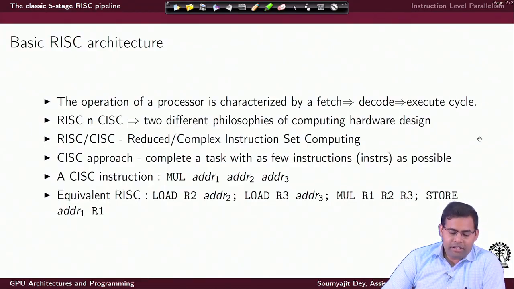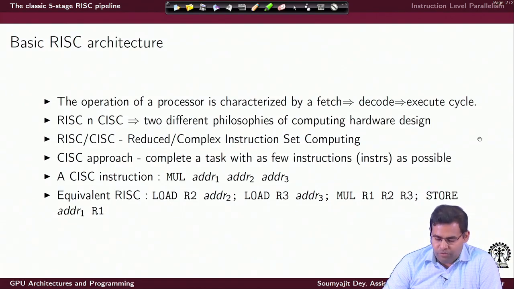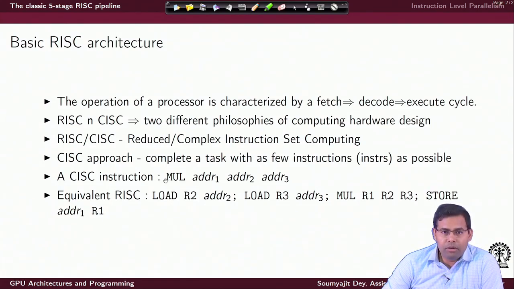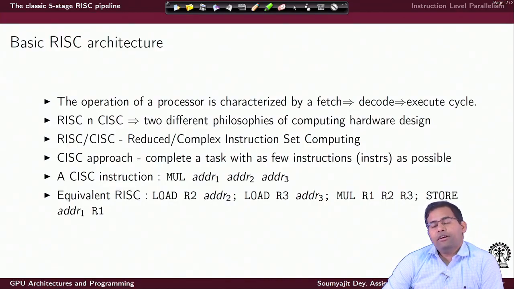For example, let us take a CISC instruction as we have given here, that we have a multiplication operation mul with 3 operands, address 1, address 2 and address 3. Essentially, we mean that while executing this instruction, the processor shall fetch data from memory address 2 and memory address 3, multiply them and store the result back to memory address 1.